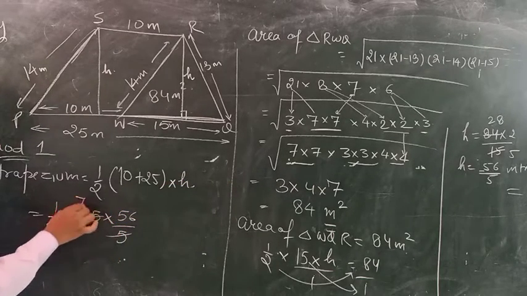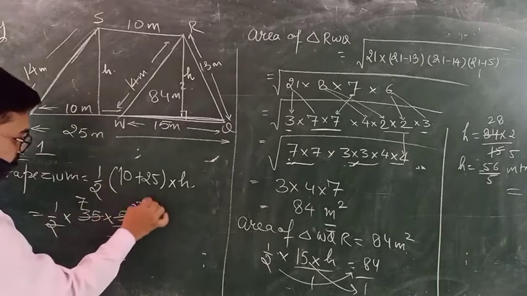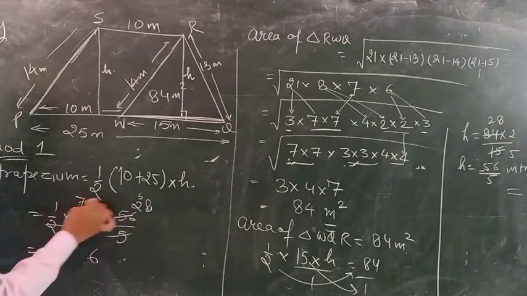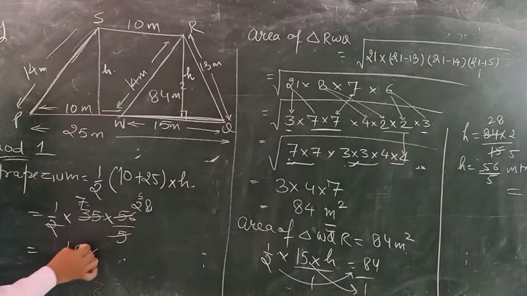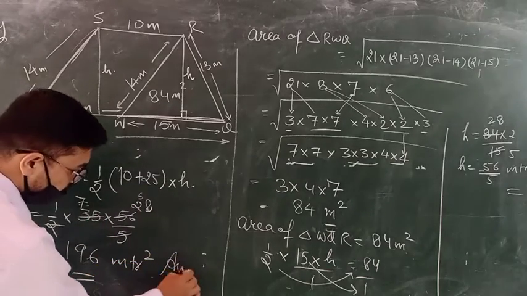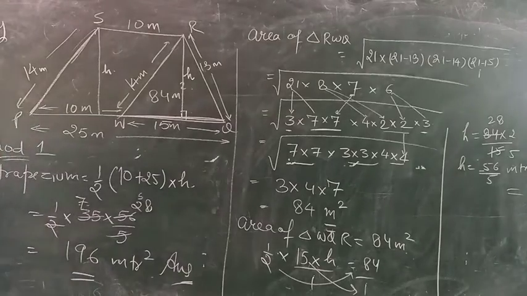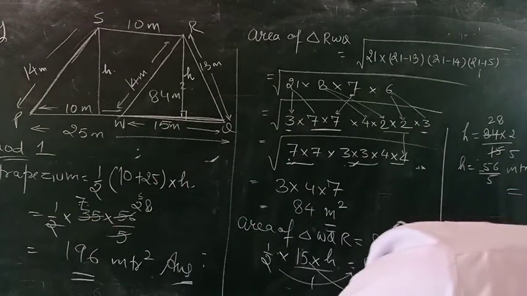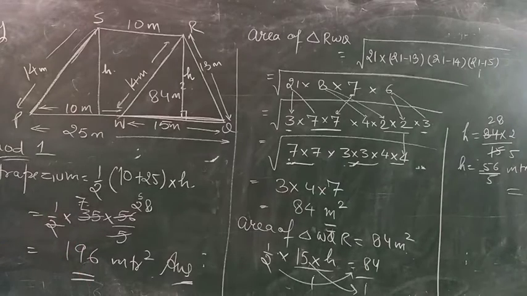So 5 7s are 35, 2 28s are 56, 7 8s are 56, 7 2s are 14 plus 5, 196. This much meter square. So this is one method to calculate the area. What is given? Area of field, which is in the form of a trapezium. Okay, you can write area of field, is the first method.